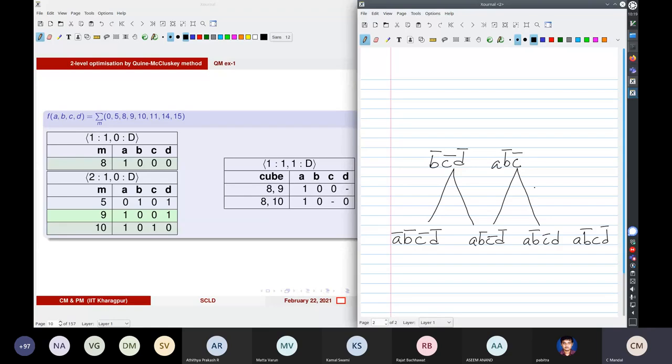And as you can see, we can combine this with 8 as well. So let me just write, this is 0, this is 8, this one is 5, this one is 9.